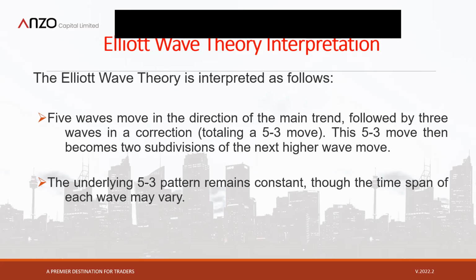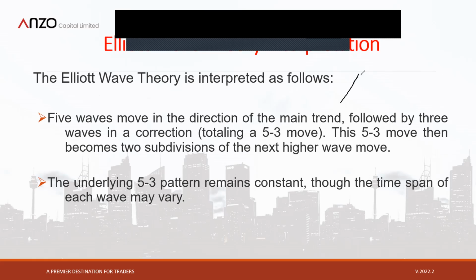Now the Elliott Wave theory is more or less interpreted as follows. The market makes 5 waves. This is called the impulsive move. So there's a 5-wave move in the direction of the main trend. What it's saying is, if the market wants to move higher, it does that in some sort of 5-wave move, predominantly heading in the direction of the trend.